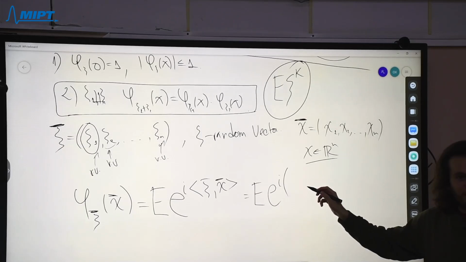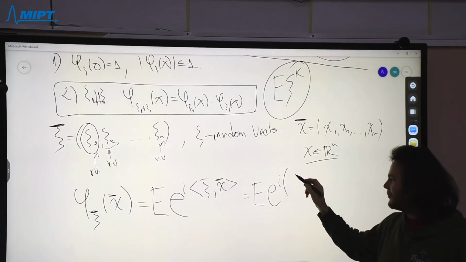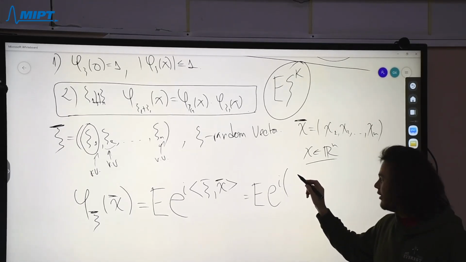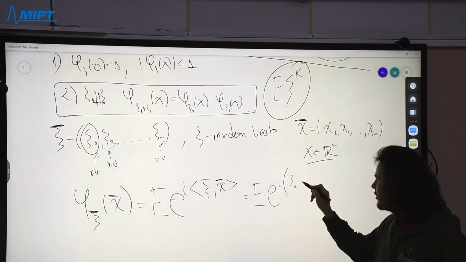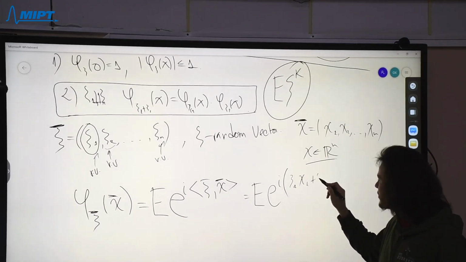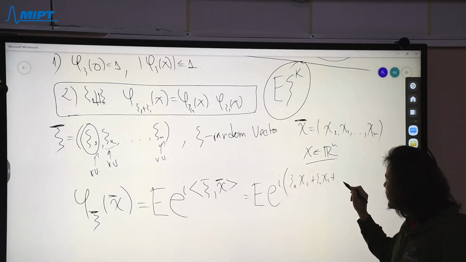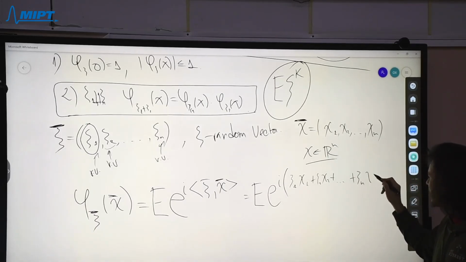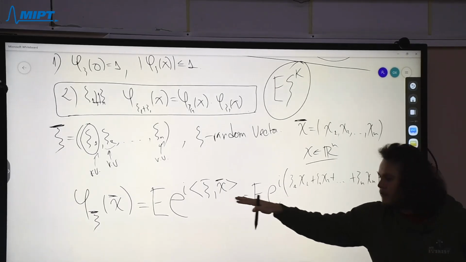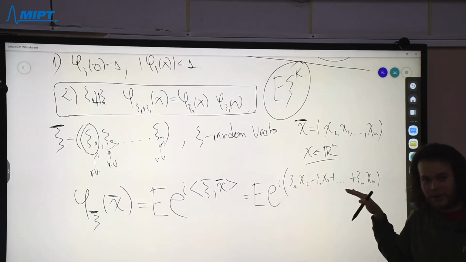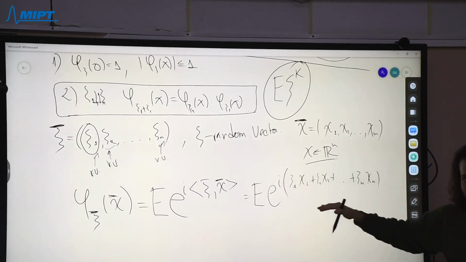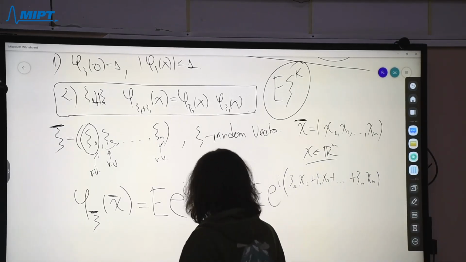You know what the scalar product is, right? So what do I have here? xi1 times x1 plus xi2 times x2, right? Xin times xn. Yes? Are you with me? Okay. So this is the dot product, the scalar product.